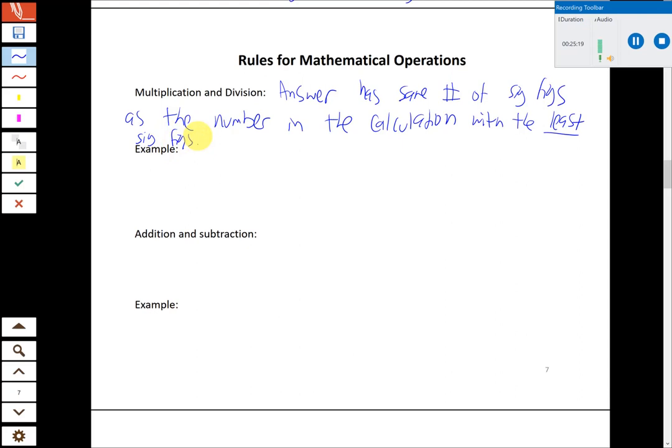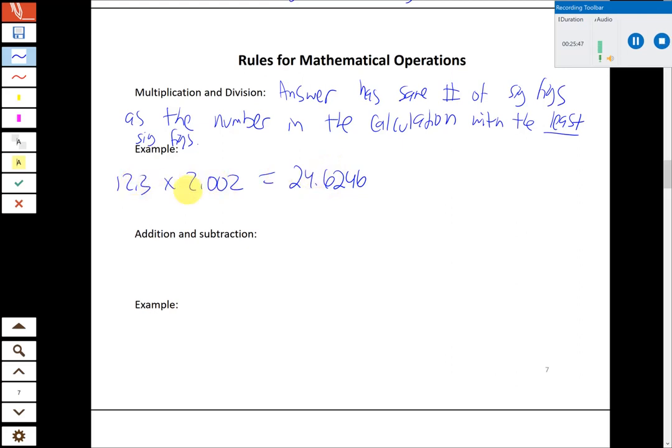So as an example, if we do this calculation here, 12.3 times 2.002, again, these would both be measured quantities with units, but we're just going to go over the numerical part of this for now. And then when we multiply these together, if we just put the numbers into our calculator, what we get is 24.6246. But we have to figure out what we should actually round this answer to, to have the correct number of significant figures.